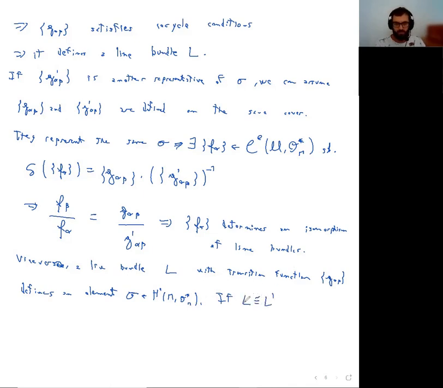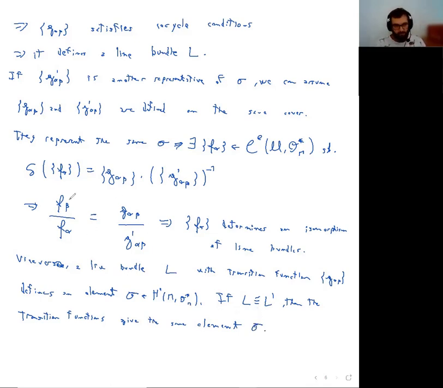We also have to check that this is well defined, yeah. Then the transition functions for this new bundle give the same element sigma.